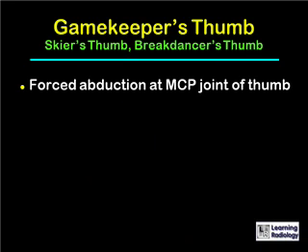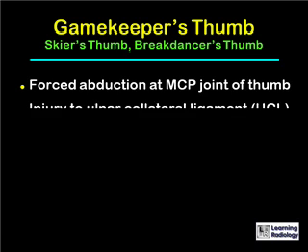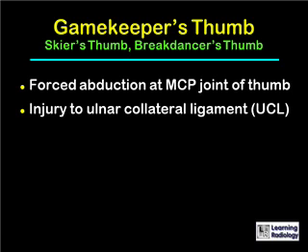Gamekeeper's thumb is more often called skier's thumb or sometimes breakdancer's thumb. It's due to forced abduction at the metacarpophalangeal joint of the thumb. It was originally described as a chronic injury in Scottish gamekeepers because of the way they used to kill rabbits, but it is now an injury that's much more frequently seen in skiers due to forced abduction of the thumb from ski pole accidents.